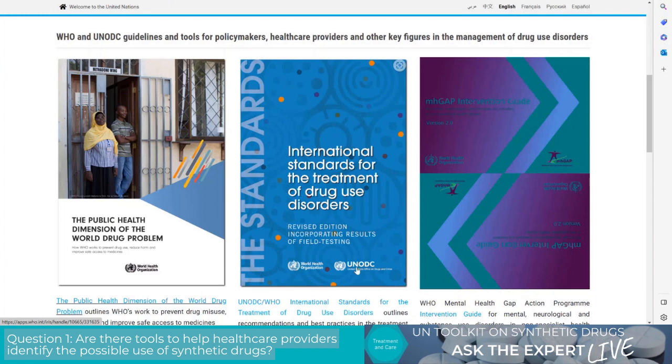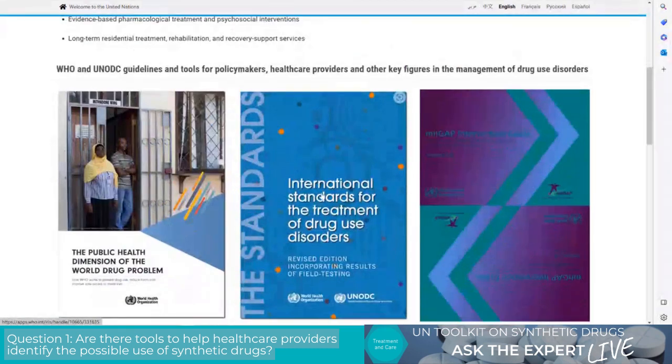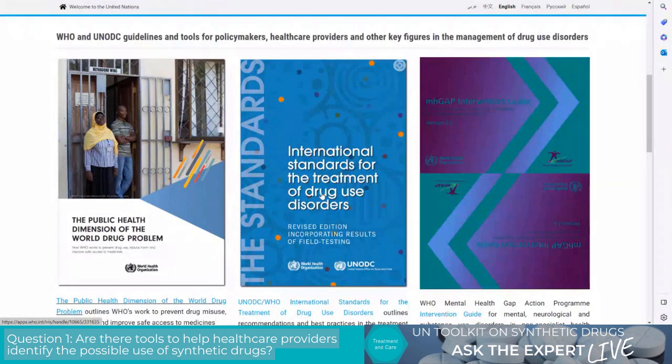Because we have published this jointly with UNODC and WHO. And everything that we published, all of the things that you see here, are one way or another summarized in this reference document. So I think that is your first starting point. And this is where you would find information on the tools that are best to assess.